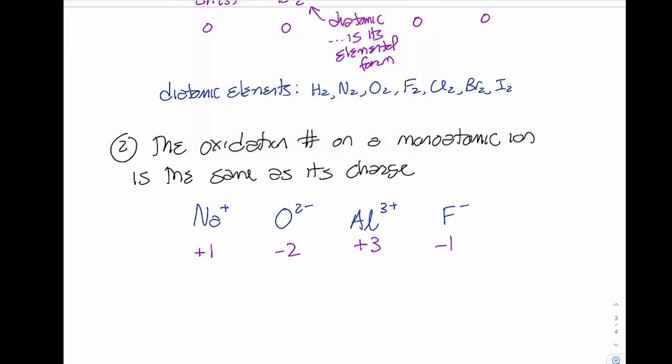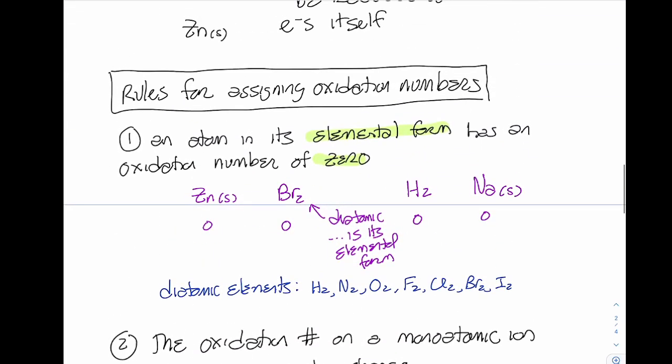I didn't define oxidation number, and maybe I should up here, but essentially what our oxidation number is, it's the effective charge. So we're going to give oxidation numbers to things that don't have charges. Like water is covalently bonded, right? If I have a water molecule, it doesn't have any charge. There's no formal charge, there's no net charge. I don't have ions, but we're going to give it charge anyway.